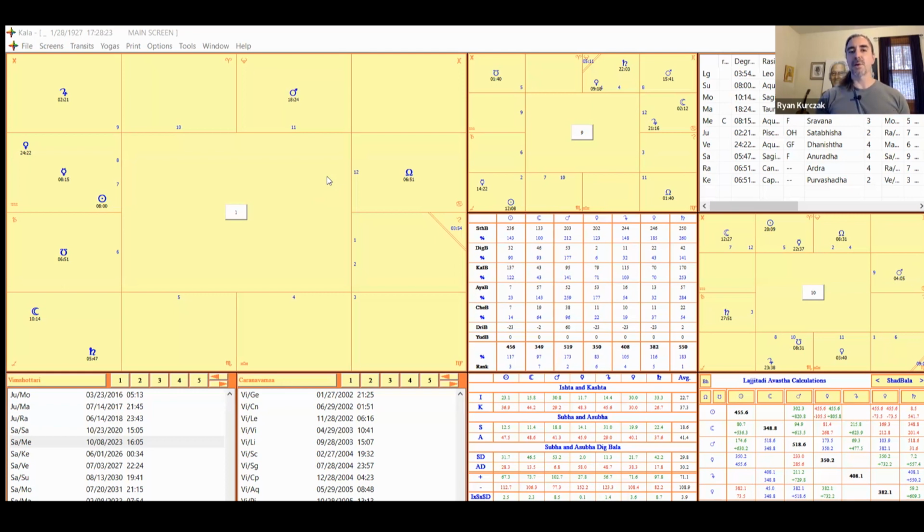Because Mars is also a very impulsive planet. So if I'm trying to figure that out, well, what I might do then is look at the 10th from the 10th to see which way could it go. And knowing that the Sun is in the 10th from the 10th, I'm going to say this person has a tendency more so to follow their inspiration rather than to make mistakes because they're too impulsive.